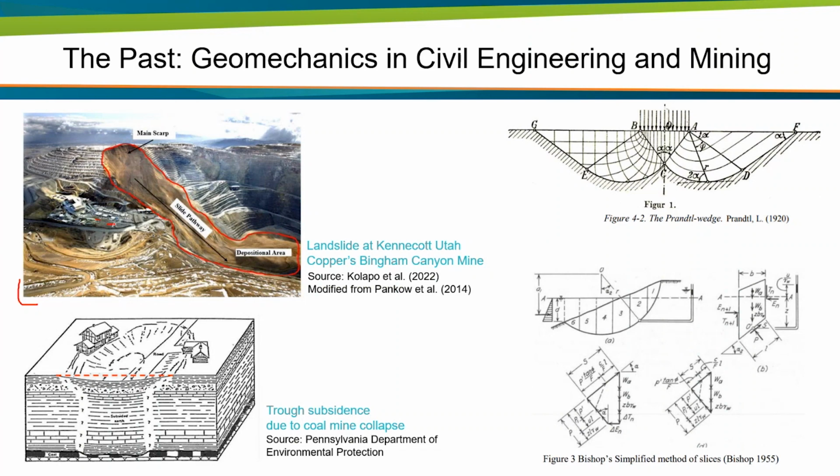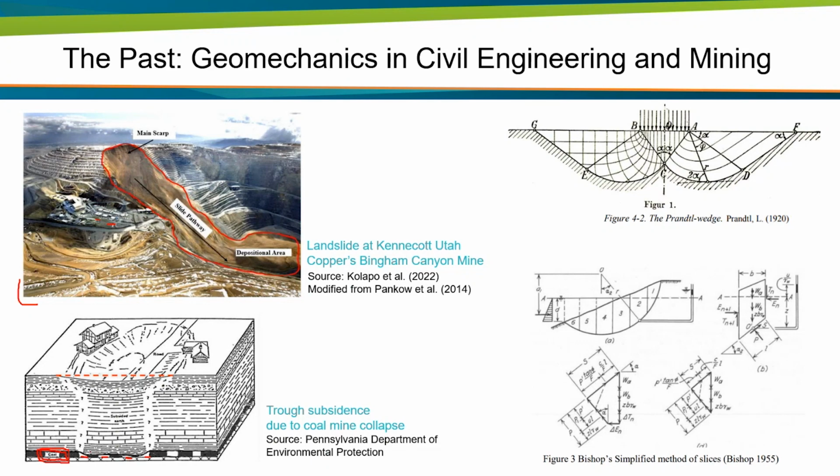Now, obviously, you want to avoid this kind of landslides, and therefore geomechanics has been quite an important discipline for a long time already. A second example is shown down here of a coal mine. So there is a coal layer down here, and coal mining has happened over here. And after a while, when this mine is abandoned, the roof of the mine collapses.